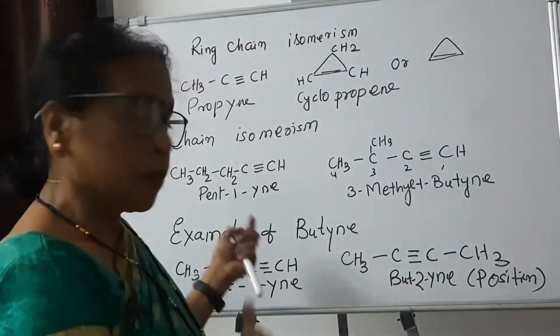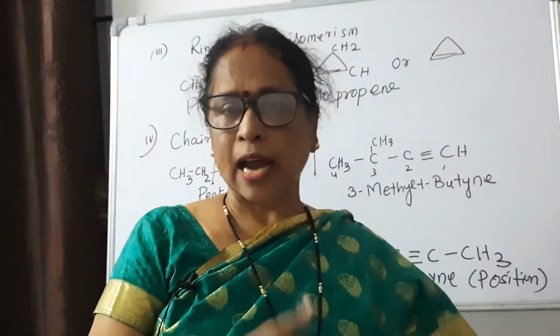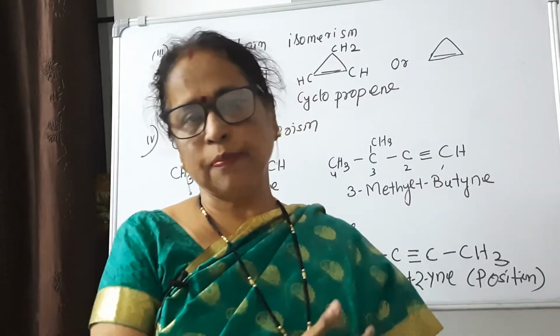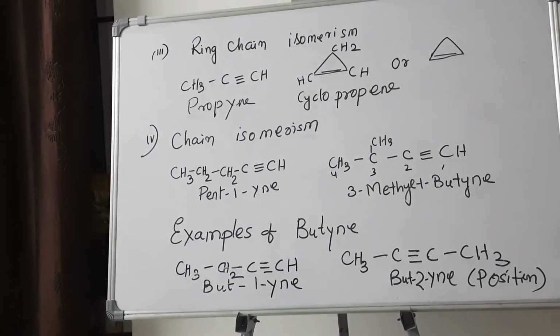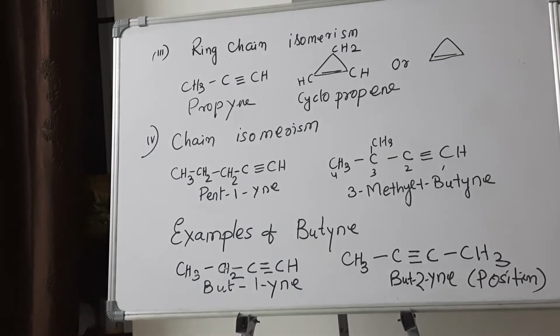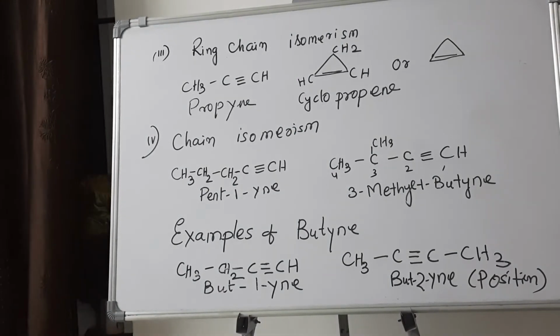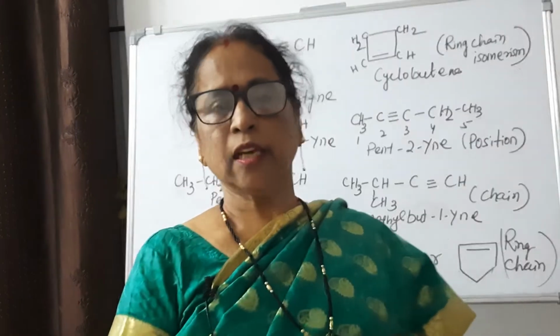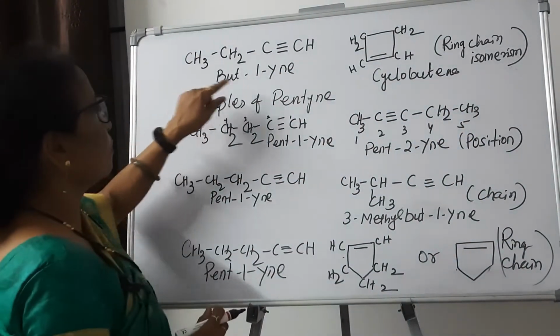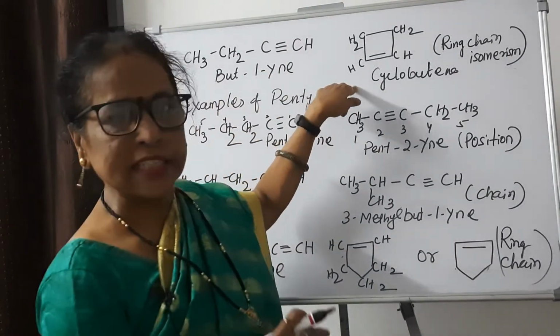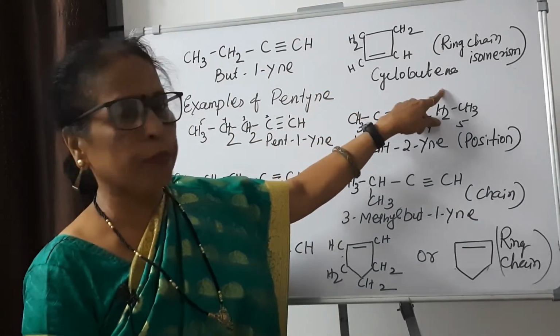Next we will see what are the different compounds and what type of isomerism they follow. Then see other isomerism of butyne. Now see, it is but-1-yne and it is ring chain form, that is cyclobutene.